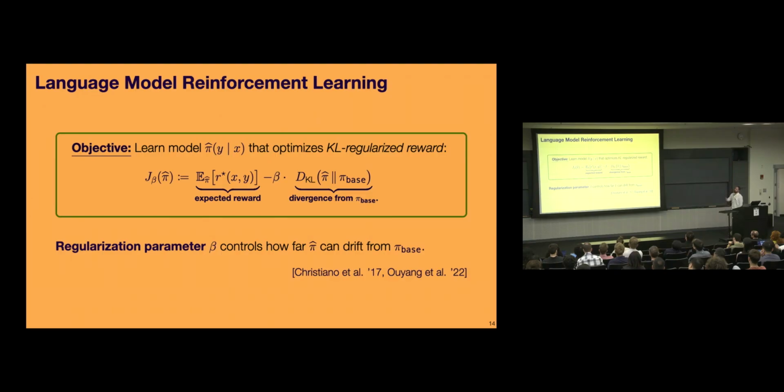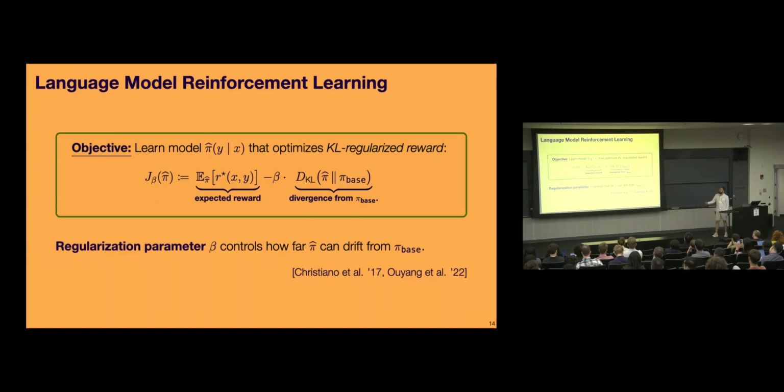And concretely, I'm going to focus on what's called the KL-regularized reinforcement learning objective. This just means we want to maximize the expected reward of our model minus the KL divergence from the base model. This is the standard objective if you look at post-training RLHF.